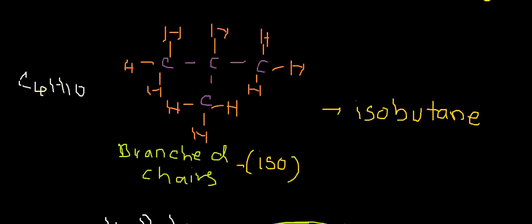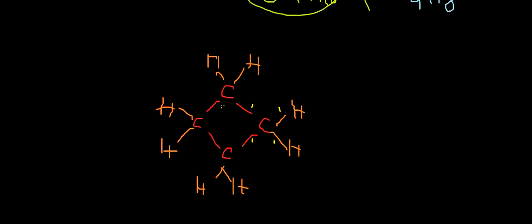Why? In a cyclic chain, each carbon atom is bonded to two other carbon atoms due to the cyclic structure. Let's take a day-to-day example.